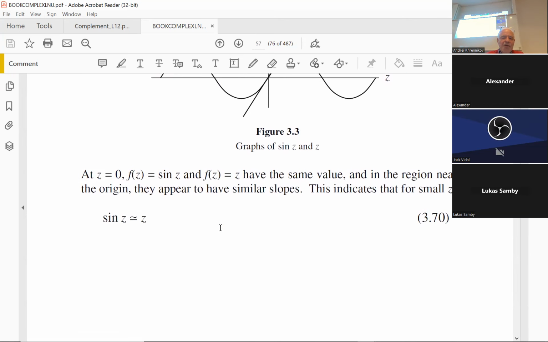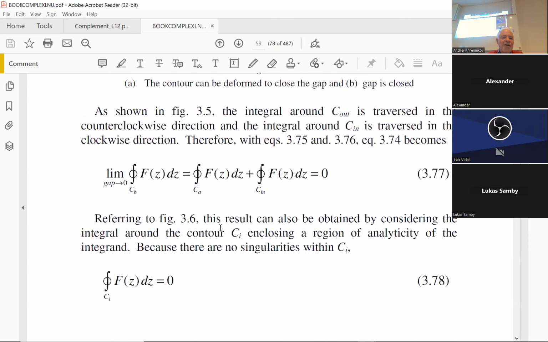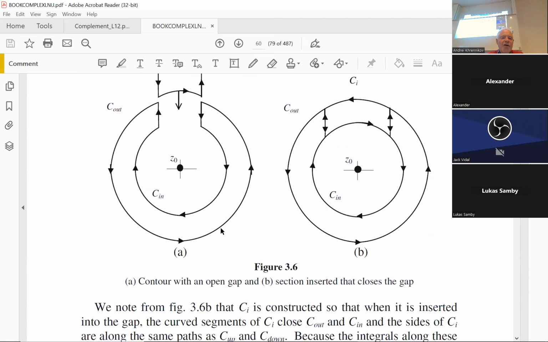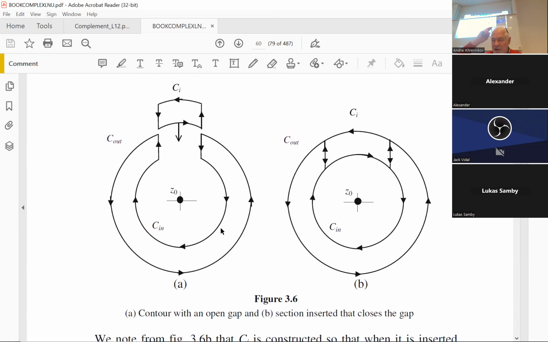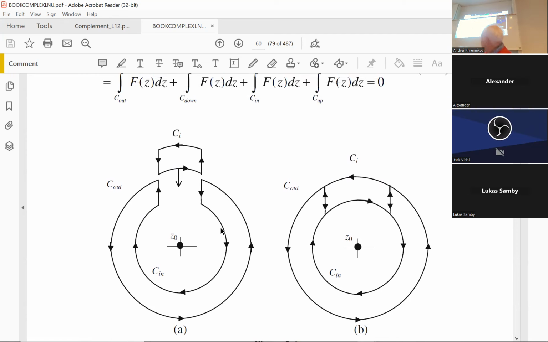Then we started to integrate. And we derived somewhere... this is a very standard trick which will be used everywhere. If one integral goes up and another goes down, so this is zero.